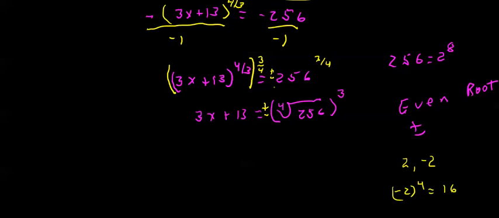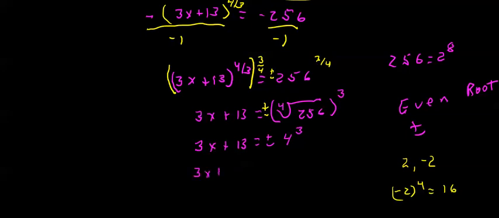And since there's a positive and a negative, we need to put the plus or minus when solving an equation. All right, we're almost done. 3x plus 13 is equal to plus or minus the 4th root of 256, cubed. Since 256 is 2 to the 8th, I'm looking for groups of 4. There are 2 groups of 4. 2 times 2 is 4, or 4 cubed.